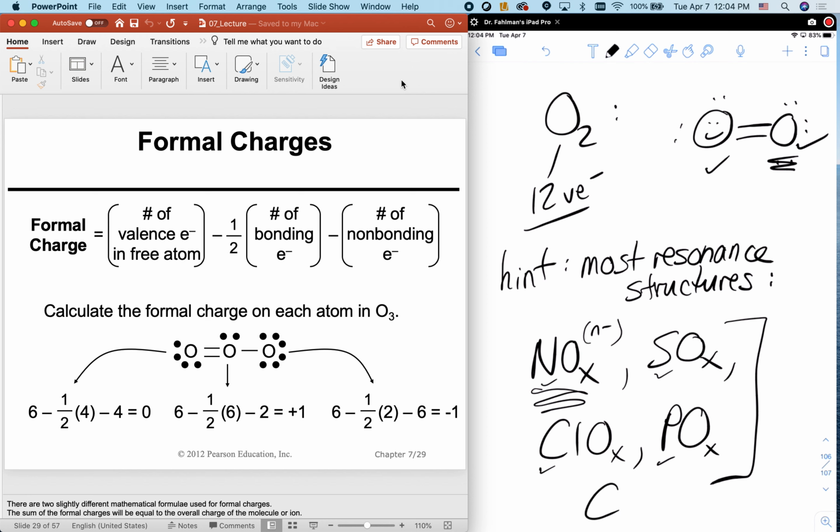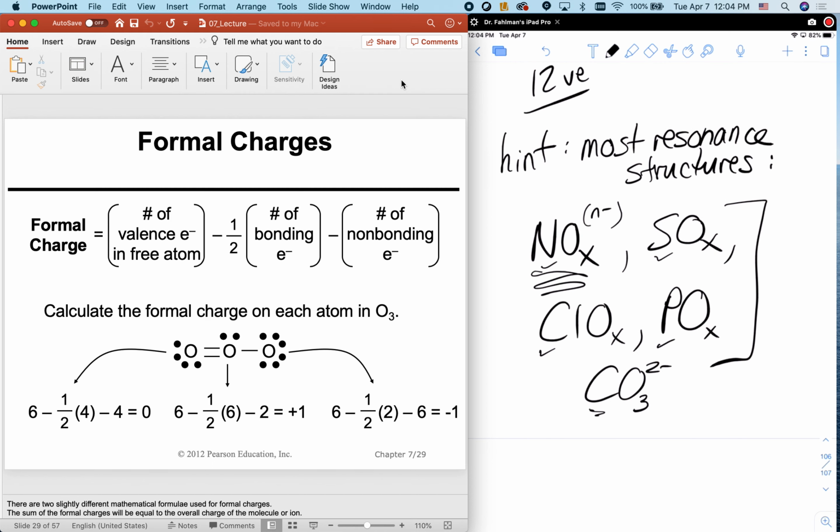Also carbon, right? We already saw carbonate, for instance. So CO3 2 minus, I guess, is really the only one, but also carbon with oxygen has resonance.